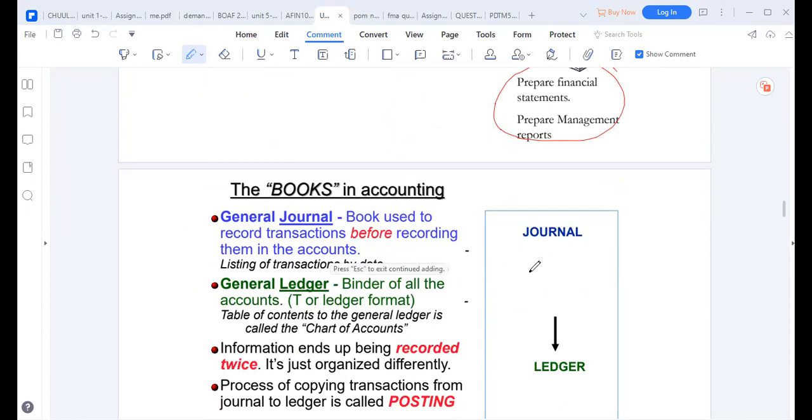The general ledger is simply a book used to record transactions before recording them into the accounts. This general ledger is often used in a T account. So it is used to record a double entry system. For every debit entry, there should be a corresponding credit entry.